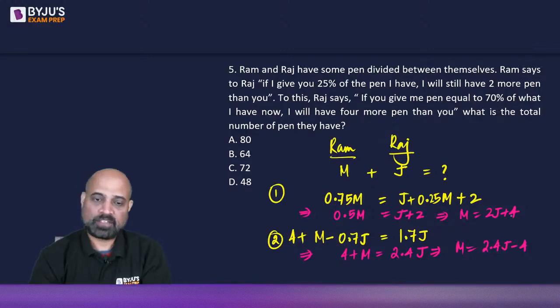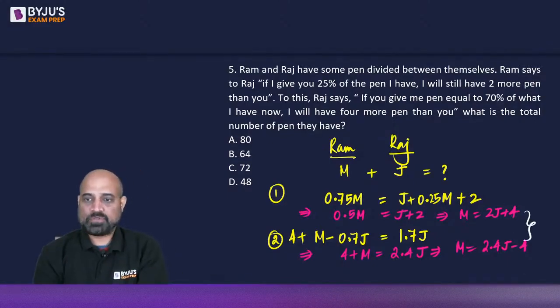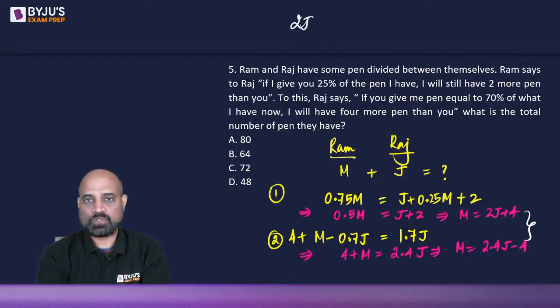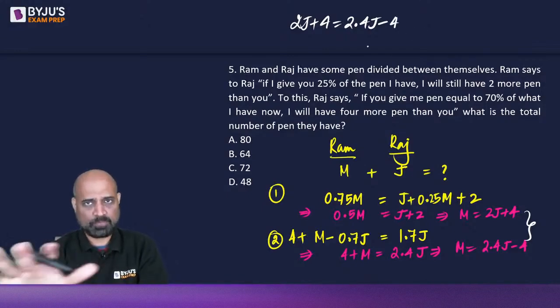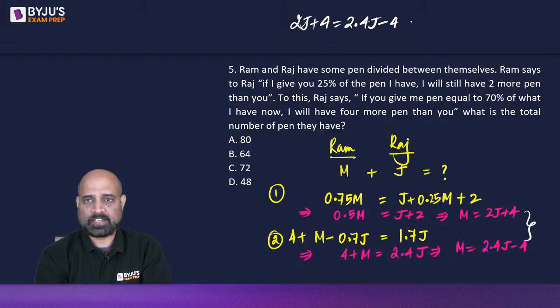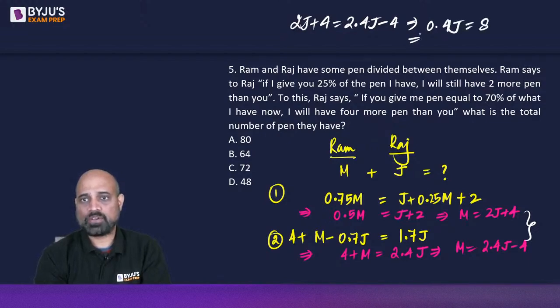Now, if we try to solve this by equating m, I will get 2j plus 4 is equal to 2.4j minus 4. Why I have done this is so that you can see what will be written. We could have skipped this particular step. We will get 0.4j is equal to 8, or we will get j is equal to 20.